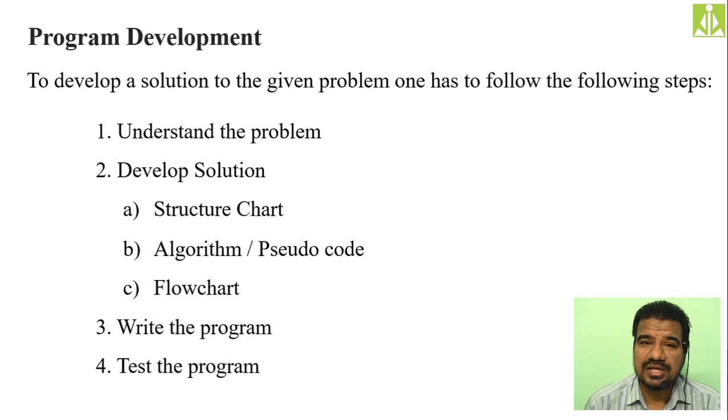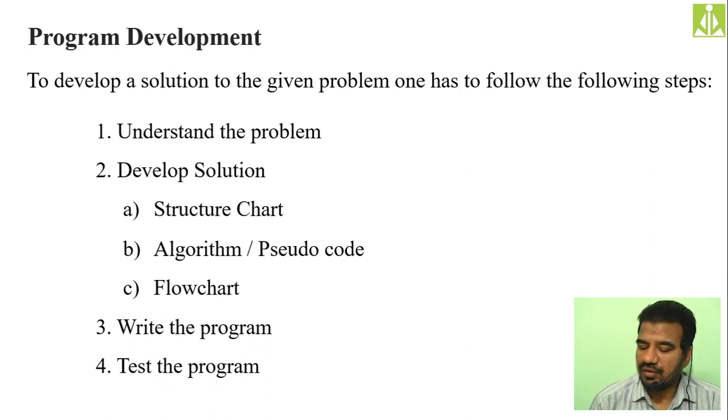So at that stage, in order to develop that library application in terms of computer software, what steps will the software people follow, what exactly will they do, how will they start the development, how will they end. All these things are nothing but the program development steps, the application program development steps.